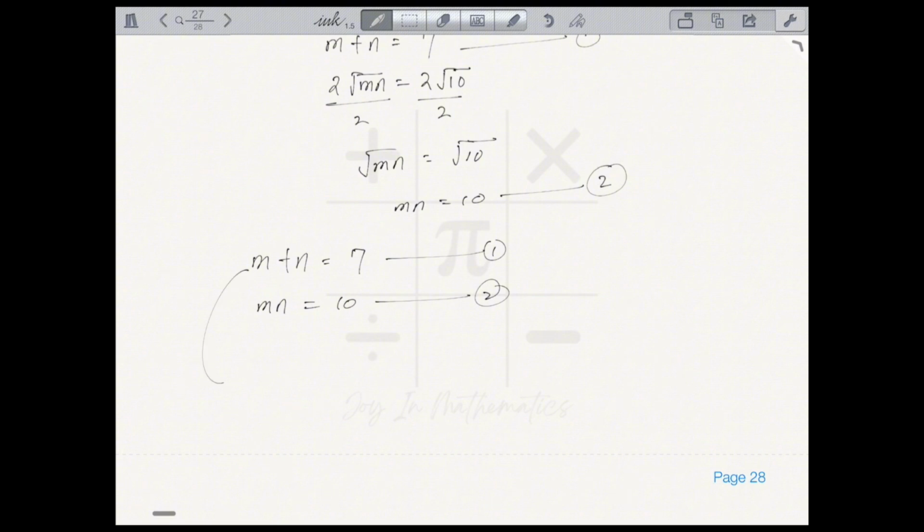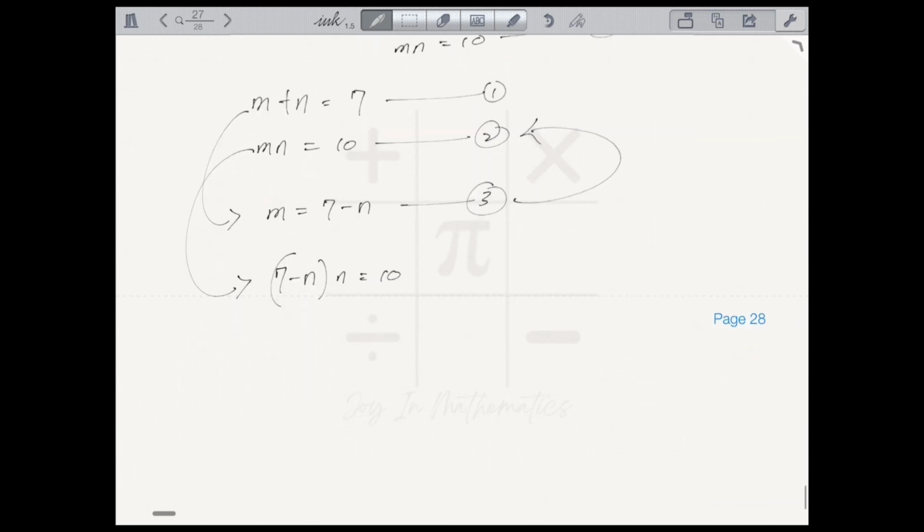Now if we go from equation 1, we can say that m is equal to 7 minus n. And if we call this equation 3, if we substitute equation 3 into equation 2, it will give us 7 minus n multiplied by n is equal to 10.